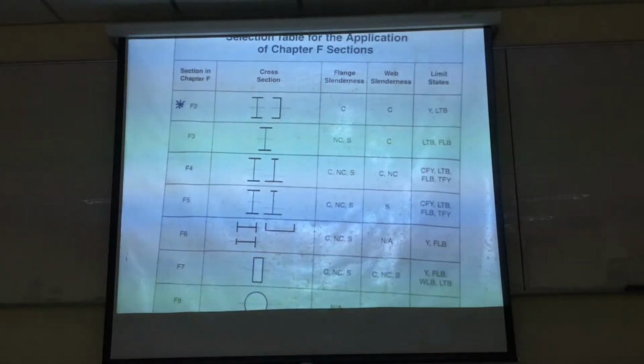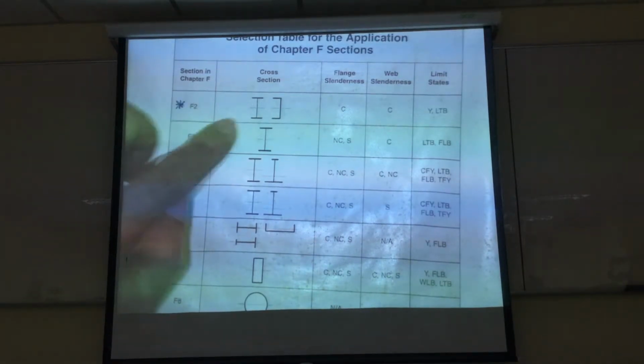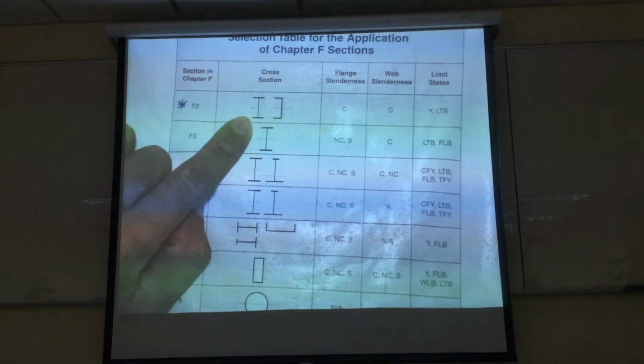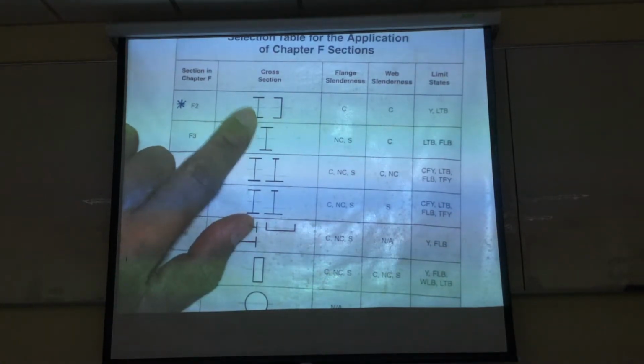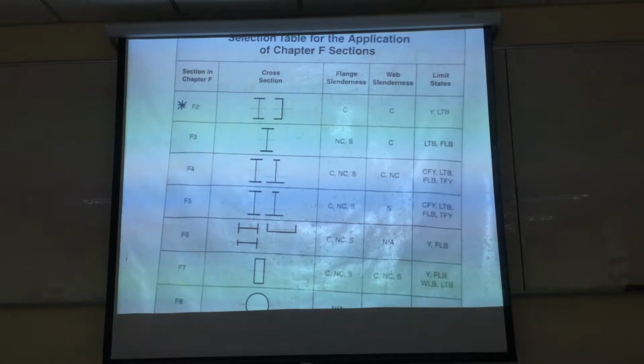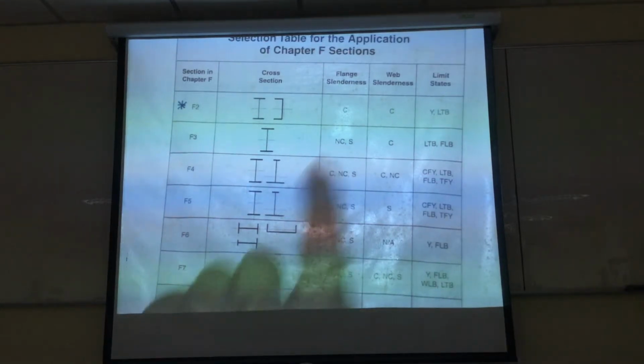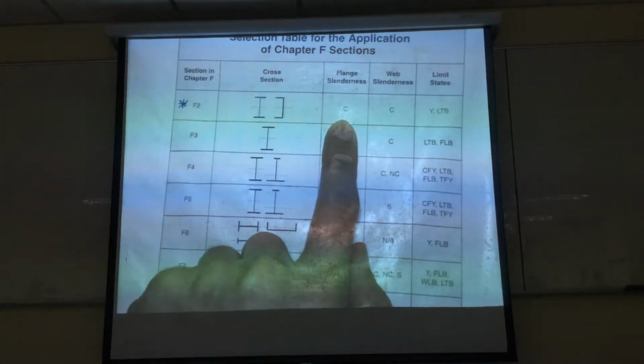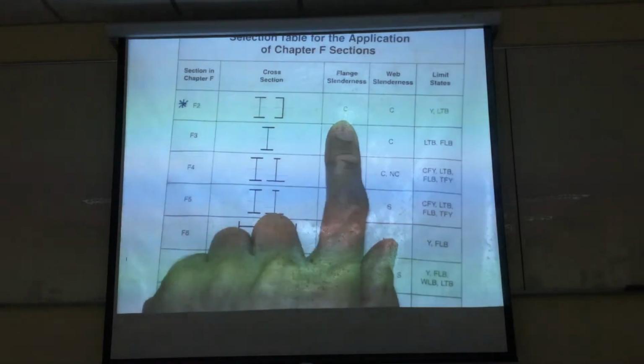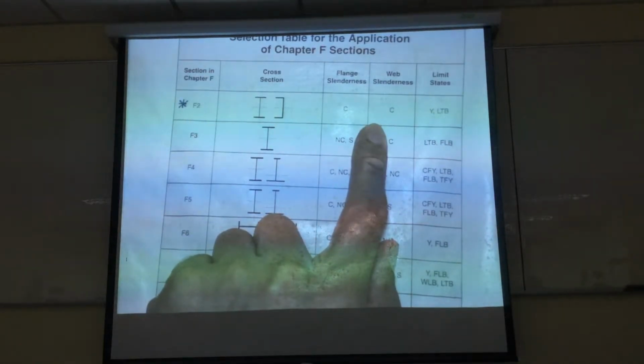It is subjected to these 2. For this sort of cross section, the I-shaped flange and the C shape, under the condition that flange slenderness must be compact, and web slenderness must also be compact.